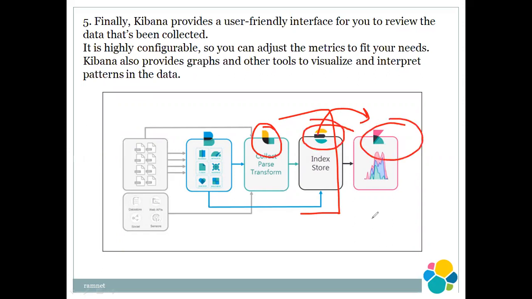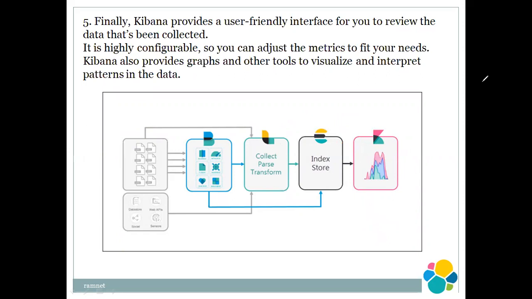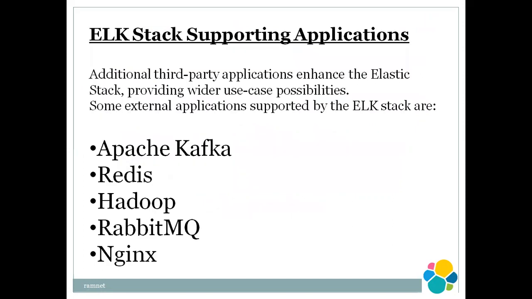Kibana is the last one, which creates viewable graphical pie charts, bar charts, or maybe waveforms. So these are the 5 points of how we are using this and how it is processing all the data and producing it into a user-friendly format like graphs and other things.